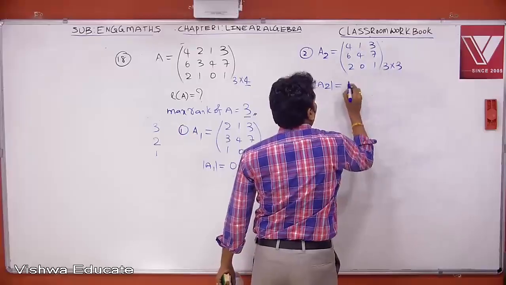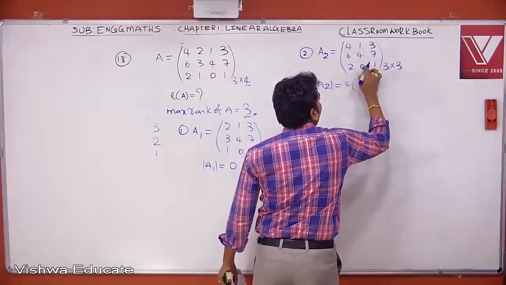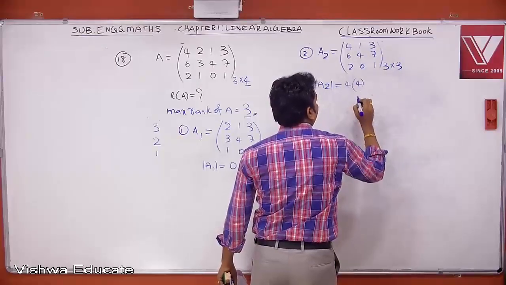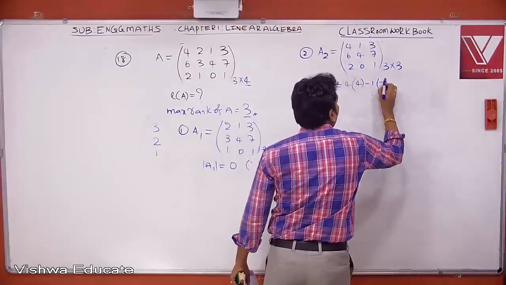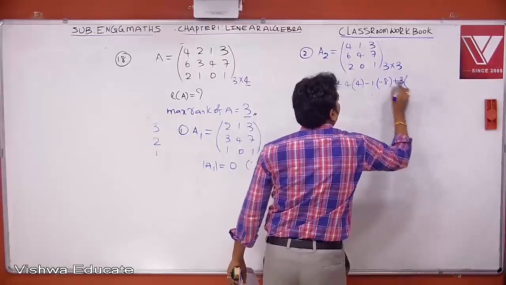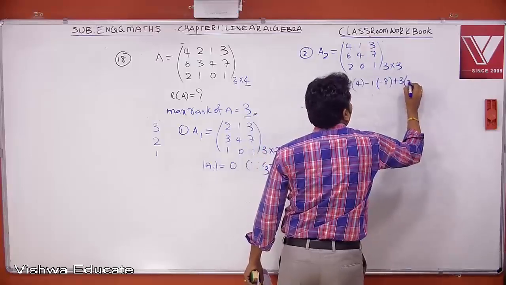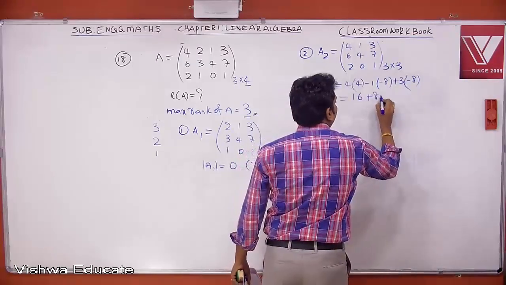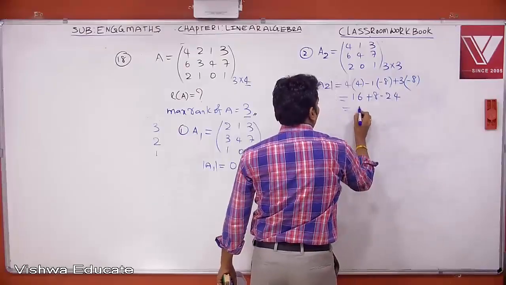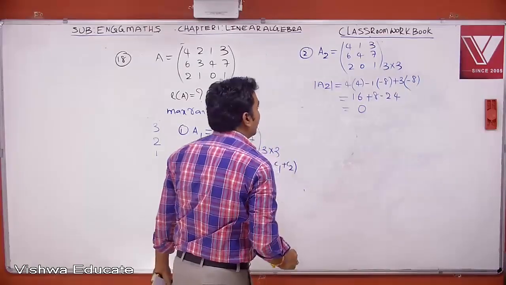So this is 4 into (4 minus 7, 4 minus 0), this is 4 minus 1 into (6 minus 14), minus 8 plus 3 into minus 8. So this is 16 plus 8 minus 24. Here also det value is 0.